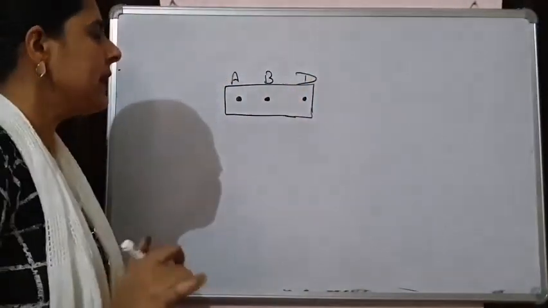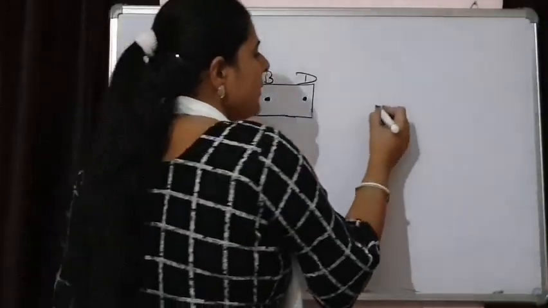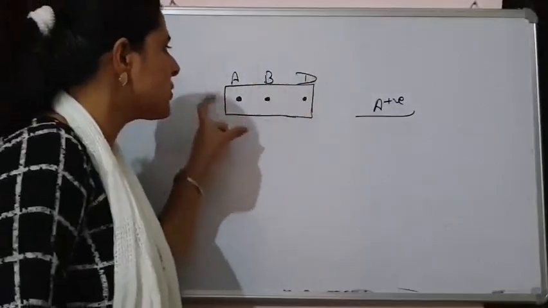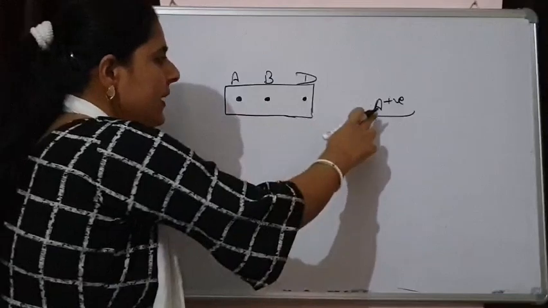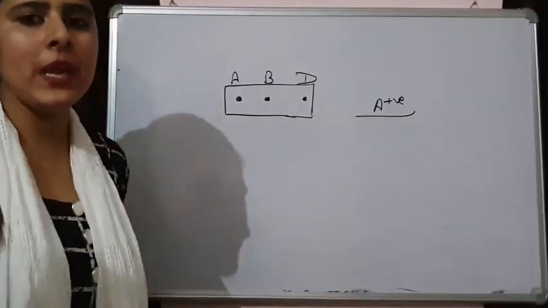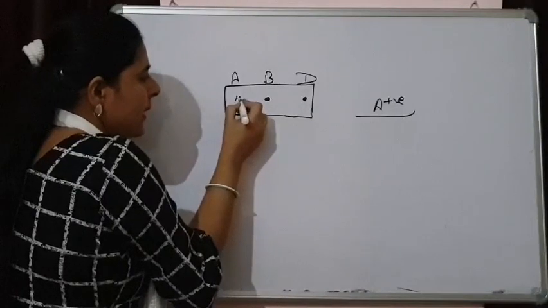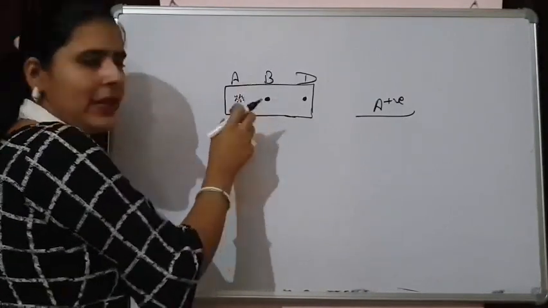Suppose I am taking a condition that the individual has blood group A positive. Then what is the result that is going to come on this glass slide? If the individual has blood group A positive, agglutination will take place over here, showing A blood group.